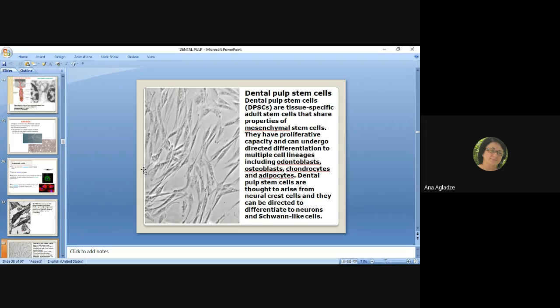They can be confused with fibroblasts under light or electron microscope, and the characterization of this cell type remains ambiguous. These cells are linked to each other, you can see by their processes.